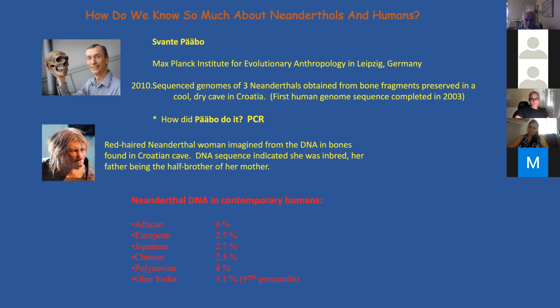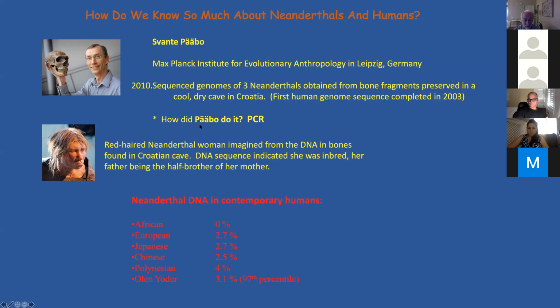The genomes were obtained from bone fragments preserved in a cool, dry cave in Croatia. Now this is astounding because the first human genome, Homo sapiens genome, sequence was completed in 2003. 7 years later, Pääbo had sequenced 3 Neanderthals.